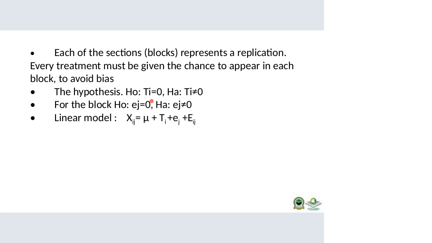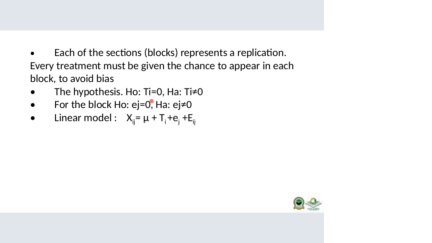Now, for the block hypothesis, we are introducing blocking, another factor apart from treatment, which could be maybe the nitrogen content in those plots is not the same. At least each of the plots should not have the same nutrient content.